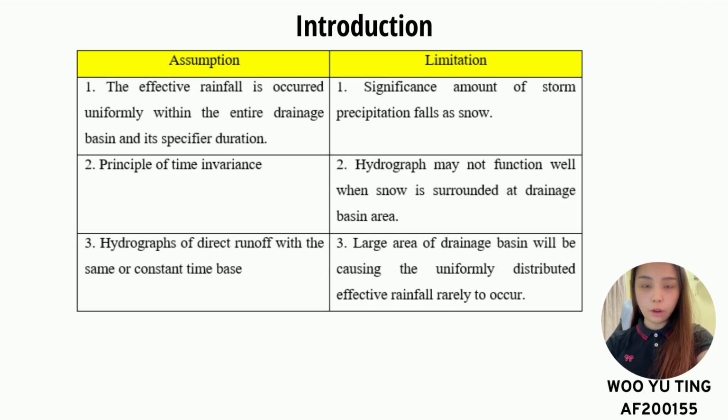A unit hydrograph also has limitations when a significant amount of storm precipitation falls as snow, because snowmelt is generally influenced by temperature change. In addition, the unit hydrograph may not function well when snow surrounds the drainage basin area, because the storm rainfall may mix with the snow, delaying the runoff.